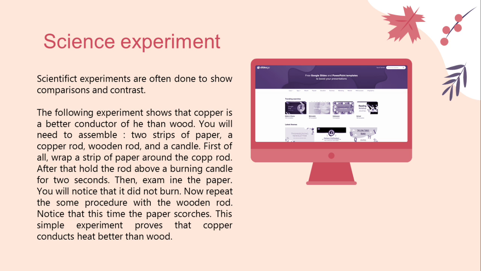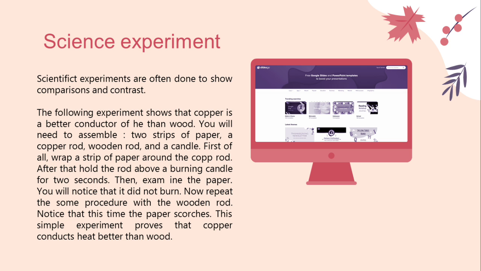Science experiment. Scientific experiments are often done to show comparisons and contrasts. The following experiment shows that copper is a better conductor of heat than wood. You will need to assemble 2 strips of paper, a copper rod, a wooden rod, and a candle. First of all, wrap a strip of paper around the copper rod.